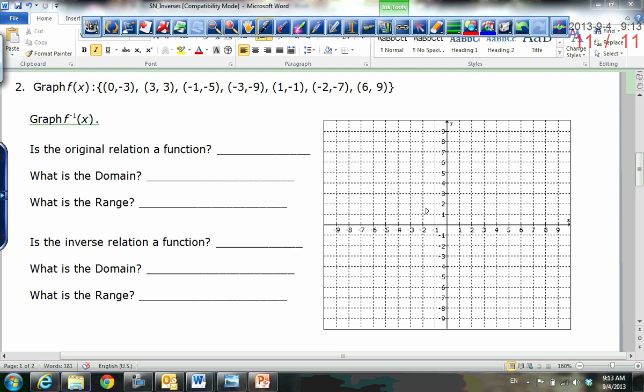Like I said, number 2, we're just graphing all his points. 0, -3, 3, 3, -1, -5, -3, -9, 1, -1.